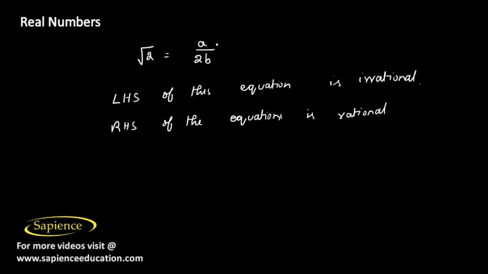Because a is an integer, 2b will also be an integer because we assumed a and b as co-prime integers. So right hand side of this equation is rational and left hand side of this equation is irrational.